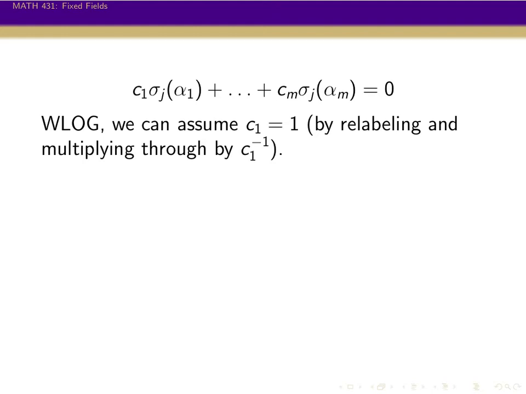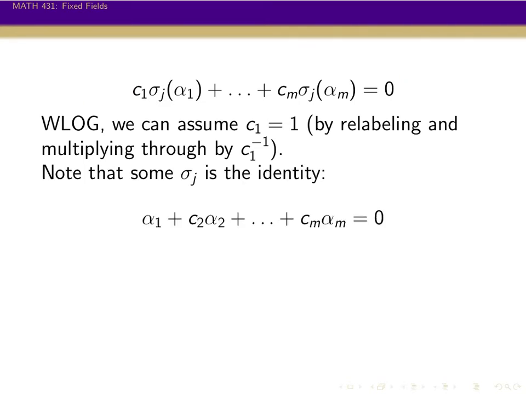And then if it's non-zero and it's not equal to 1, then we can just multiply the whole equation through by the inverse of C1. And so if we do that, we can force this entry to be equal to 1, and then the rest of them we can just relabel.